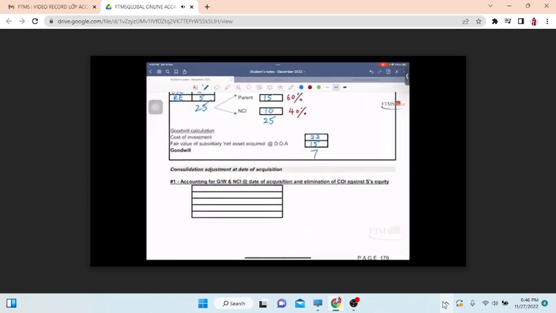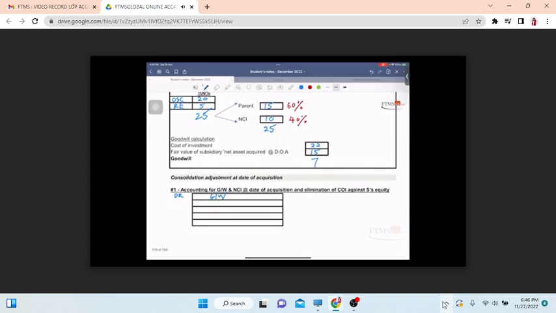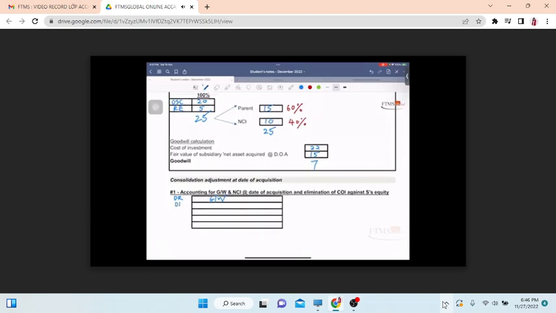Therefore, I will debit goodwill, debit OSC, debit retained earnings, credit COI, and credit NCI. The numbers are there.